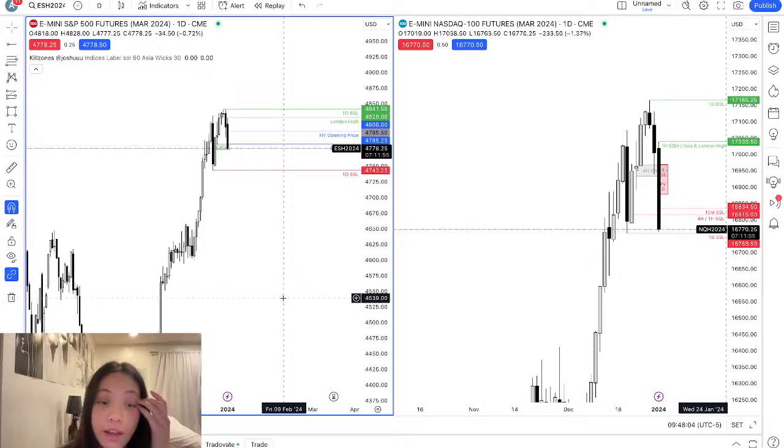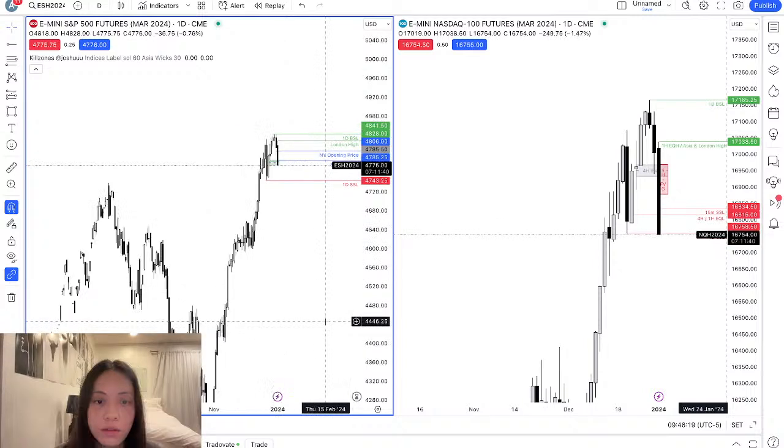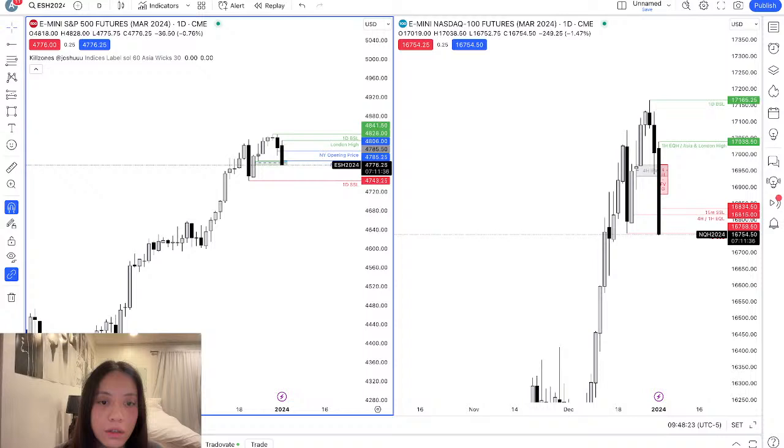Yeah, I mean, NQ does not look good at all, and NQ usually leads. And we just took out that low on NQ. So I guess on NQ, there's a lot of room down.